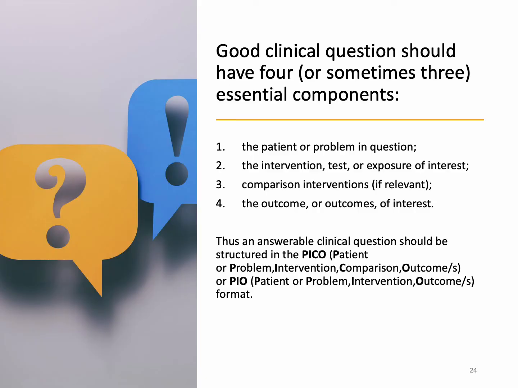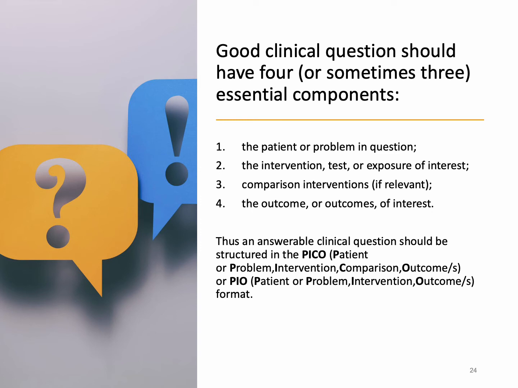A good clinical question should have 4, or sometimes 3, essential components. Number 1, the patient or the problem in question; the intervention, test, or exposure of interest; the comparison or intervention, if relevant; and the outcome of interest.